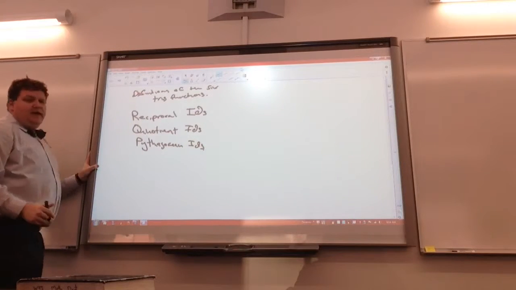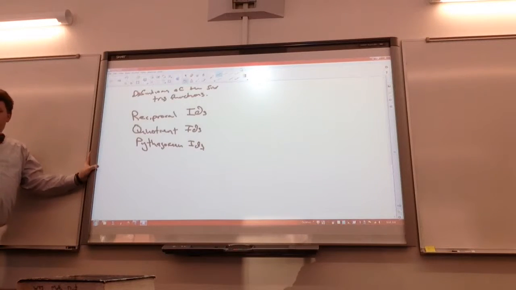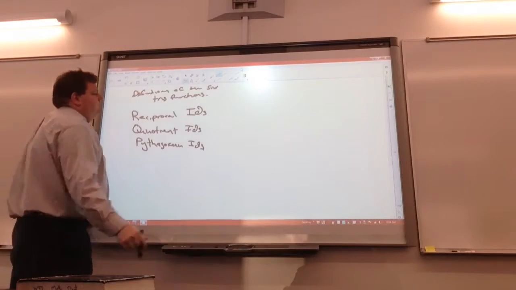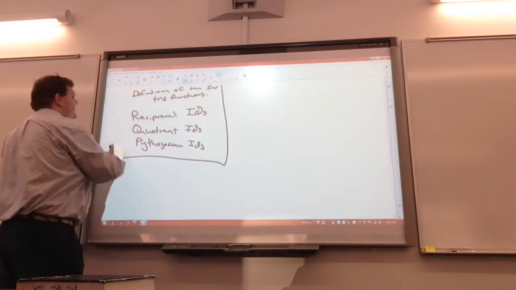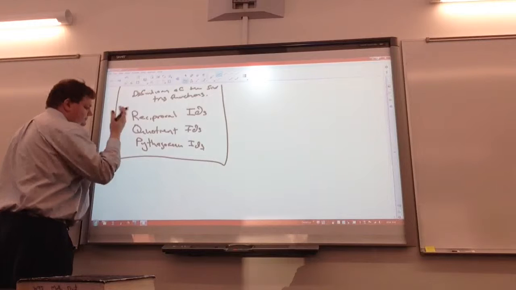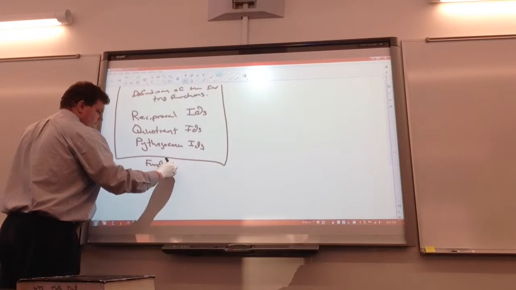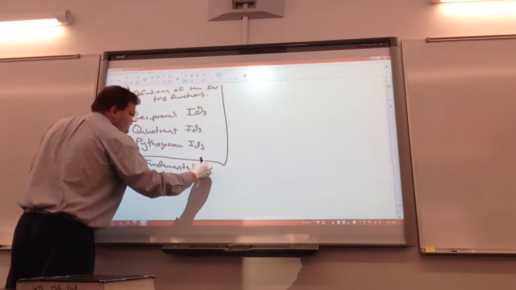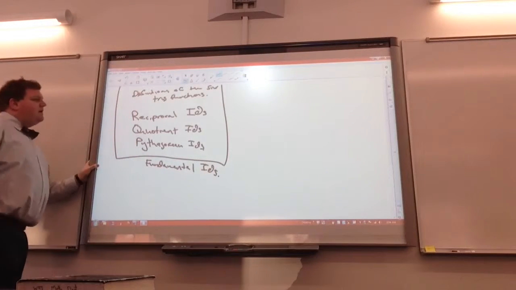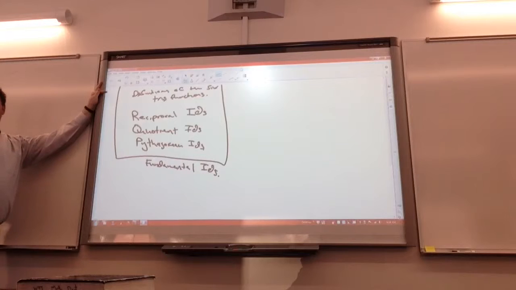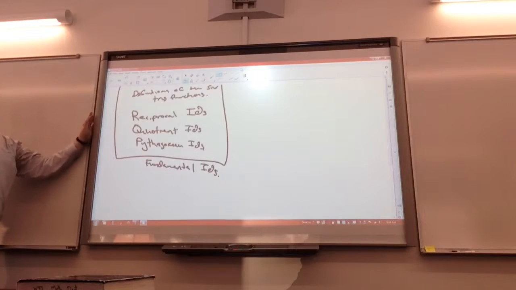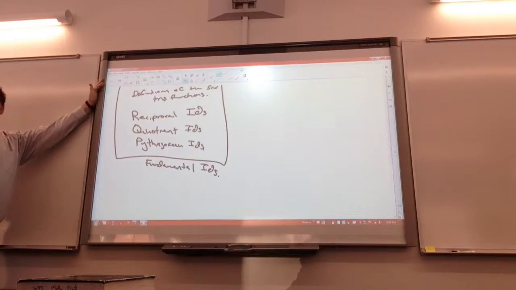Then you want to, so these we can group together as basically the fundamental ones, because these are all based off of the definition. I can prove every single one of these identities based off of the definition.